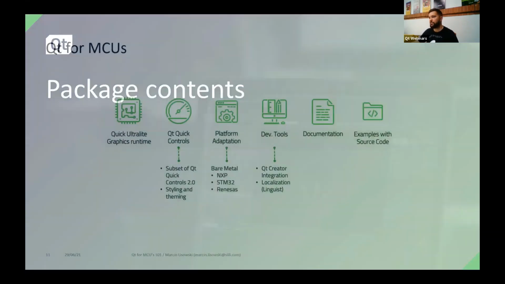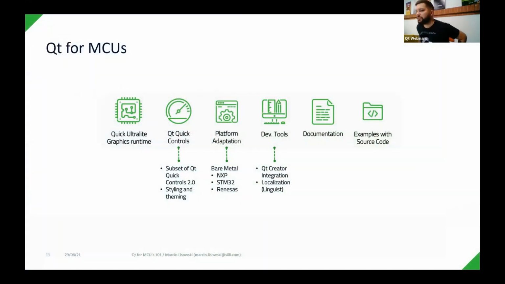And right now, let's see what you are receiving after installation of Qt for MCUs. Of course, you will receive the Qt Quick Ultralite graphics runtime, which is the heart and core of Qt for MCUs. This means this is the part that is common for all Qt for MCUs ports.